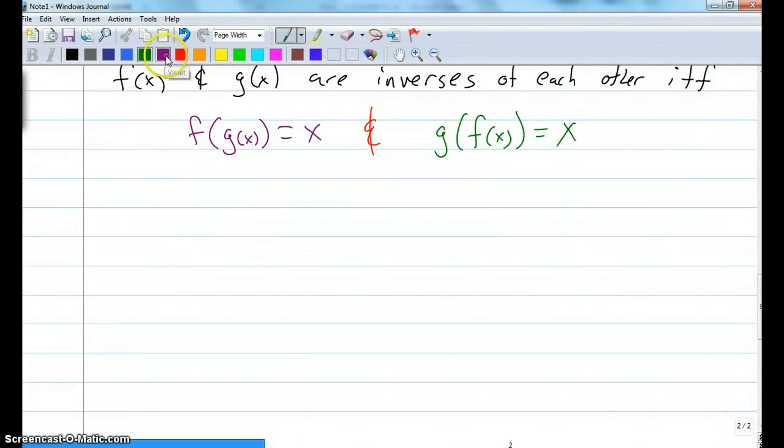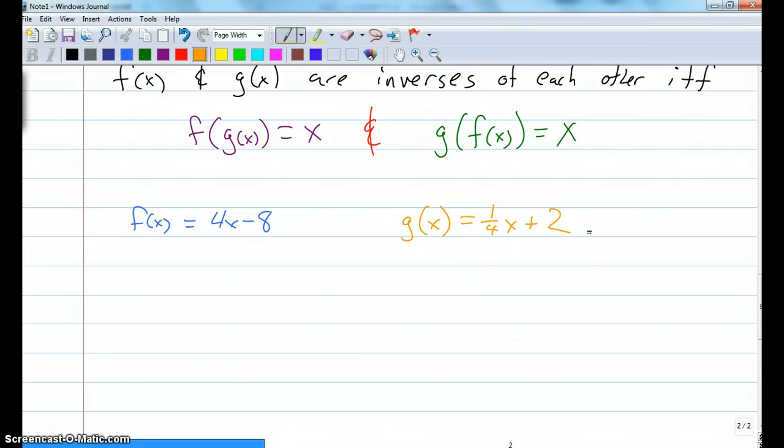We're going to go ahead and verify that, let's say f of x is 4x minus 8, and g of x, let's go with blue, that's orange, oh my goodness. G of x is 1/4 x plus 2.